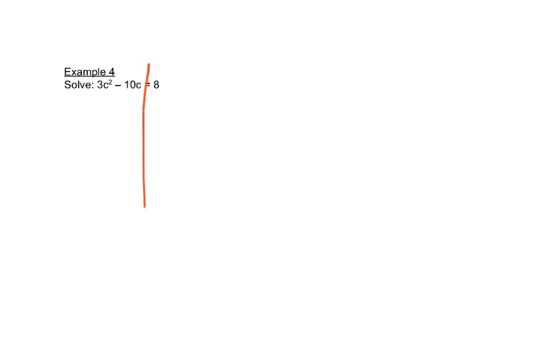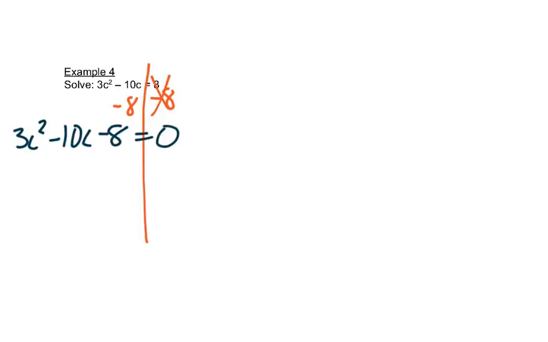This again is not in standard form because it's not equal to 0. So I'll write this as 3c squared minus 10c minus 8 equals 0. Now I need to factor. There's no greatest common factor on the left-hand side. So I need to take a times c, and I get negative 24.